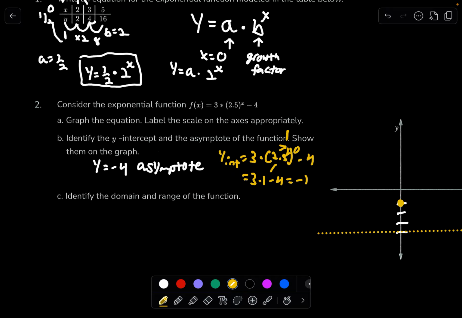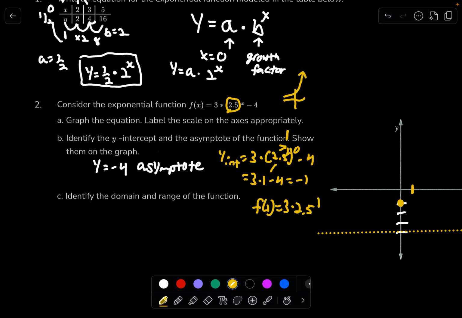Now, all you really need to do is go 1 to the right. Knowing that this is growth because the base is greater than 1, that means it's going up like this. If we plug 1 in and evaluate f of 1, that's 3 times 2.5 to the first, minus 4.